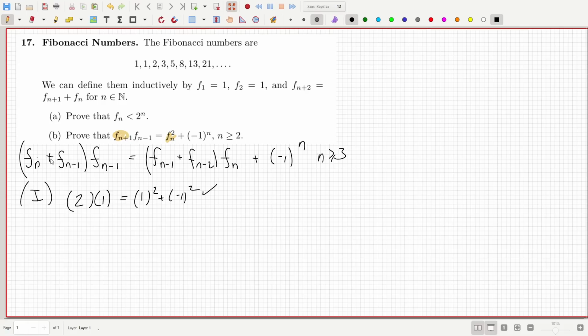That's a yes. And then this one here, the first case: F3 plus F1 times F1. Does that equal F2 times F1? Okay, hang on, I'll be careful here. F3 times F2, yeah.